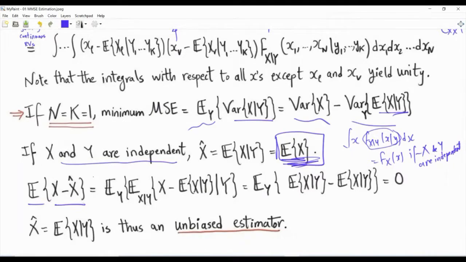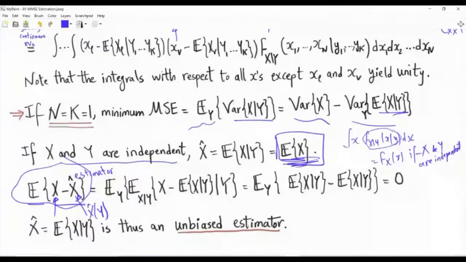Now, let's study the expectation of x minus x hat. If you see a random variable, there is an x here. And what is x hat? X hat is the estimator, and x hat is a function of y. So in our expectation, we have x and y.